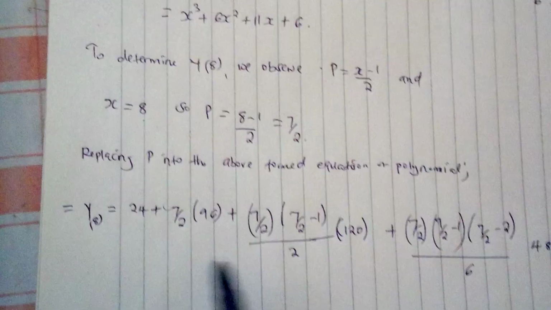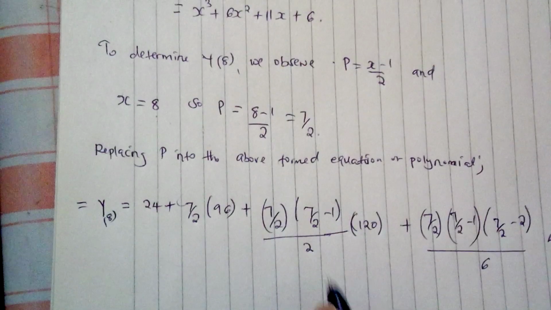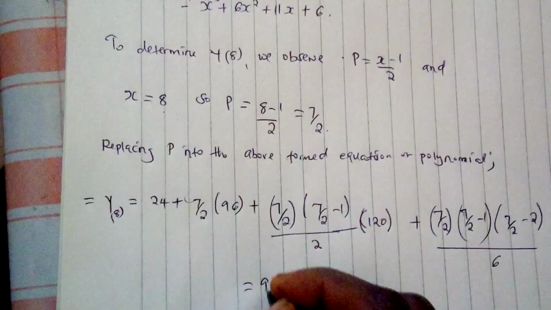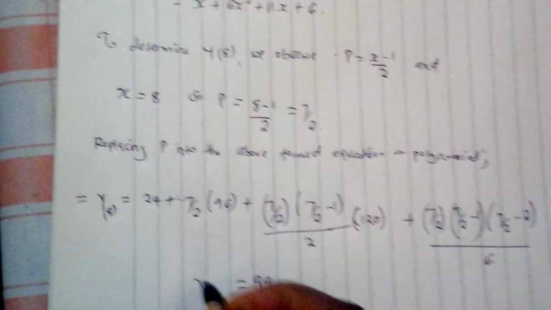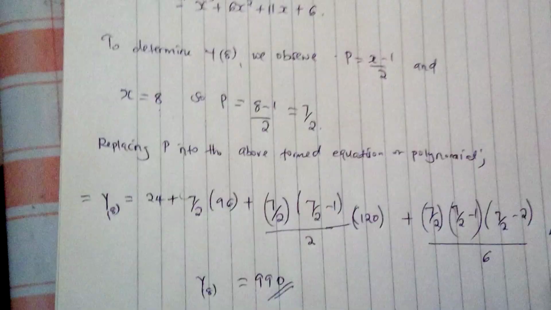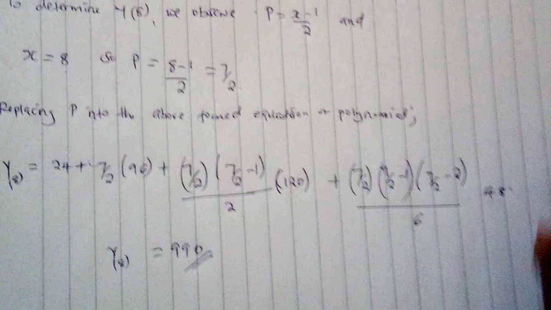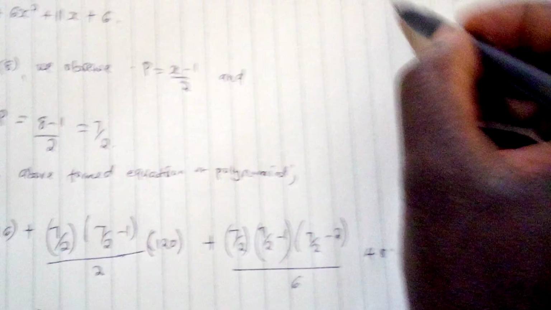When you open the brackets and do all this calculation using your calculator, you are going to find the value of y8 will be equal to 990.